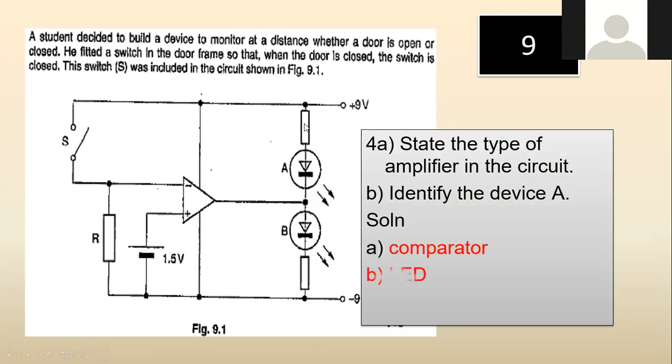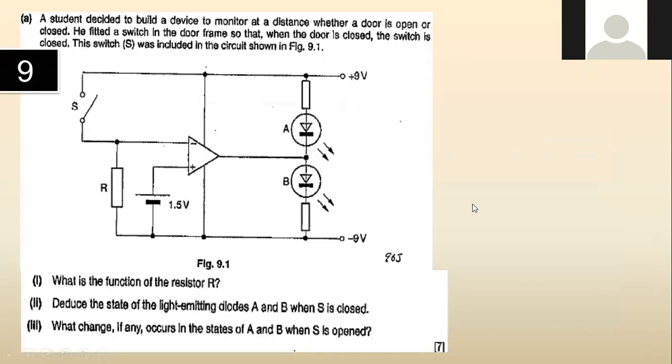Identify A. That one, diode. This one, if you like think of it as light, so LED. What is the function of R? Right? A student decided to build a device to monitor at a distance whether the door is open or closed. Sometimes we may not be able to see whether the door is closed or open, but we can have a device attached to a door to tell us.